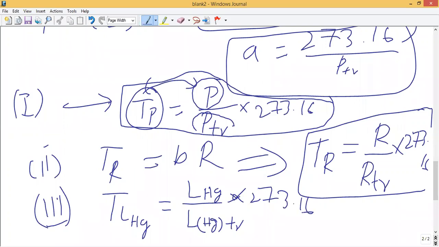Okay, so these are three formulas that define your different temperature scales.